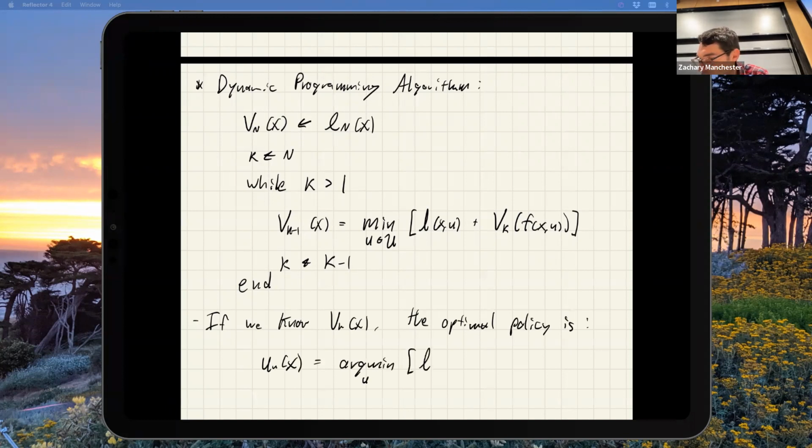I just plug in my current state to this and solve with respect to u. So I can just solve this little problem, only the dimension of the one control input at the one time step. I plug in the x there, solve that for u, and that gives me the optimal feedback policy, right?